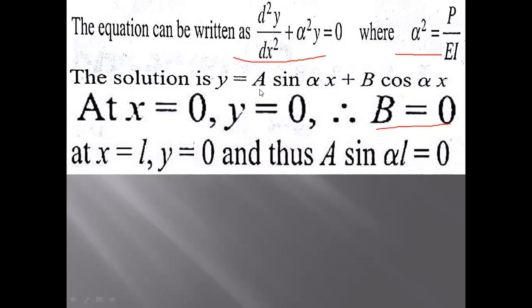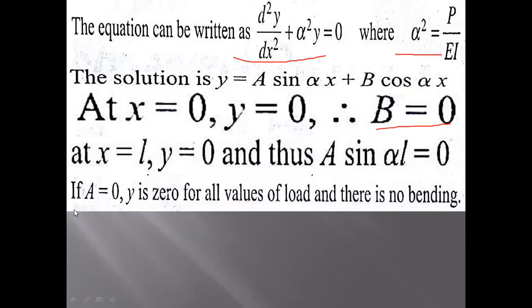So here it will be A sin αL = 0. If A = 0, y is 0, because we have already seen B is 0. So y will be 0 for all values of load, and there is no bending, which is not true.